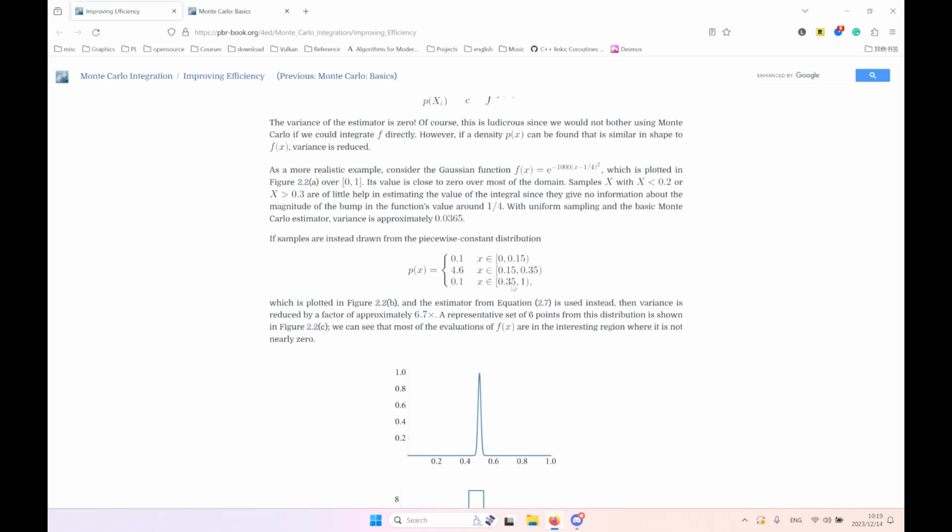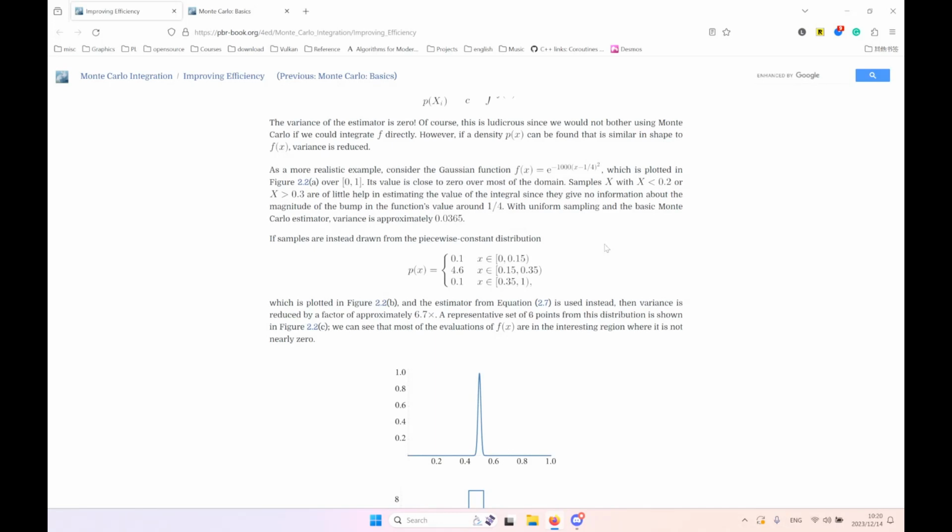Is it saying that even with an imperfect PDF, as long as... The reason we need this is we don't know the perfect PDF. So anything that is kind of close to the shape of the actual function will help. But of course, the closer the better.